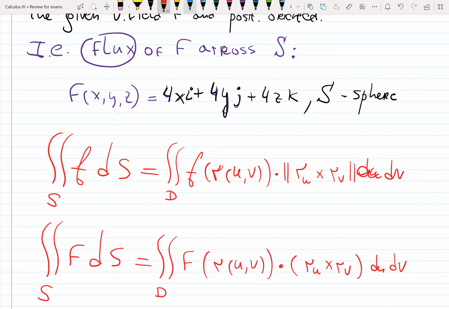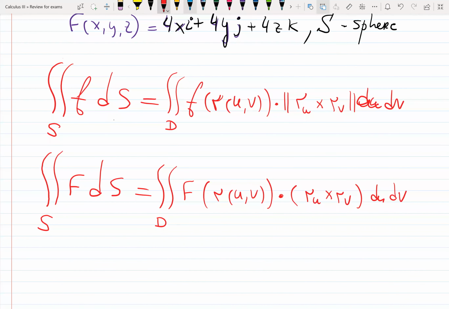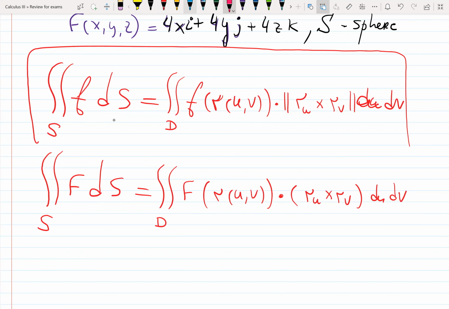So which one is which? That's the confusing part. We need to know the difference. The first one is surface integral. There's no vector field introduced here. So it's just integration. It's also corresponding to line integral in the previous topic.